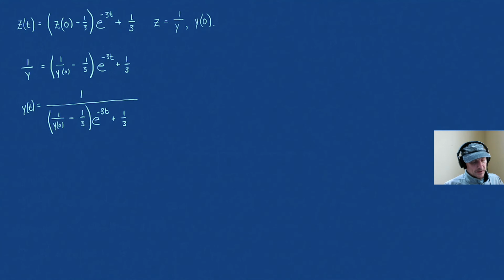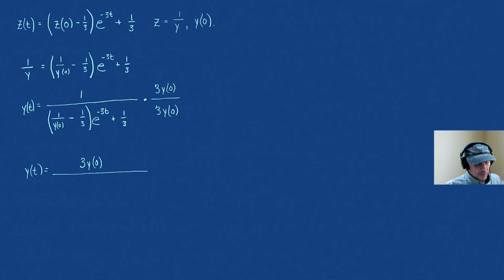Now, let's clean this up. That's a fraction with a whole bunch of fractions in the denominator. I'm going to multiply both the numerator and the denominator by the common denominator, which in this case is 3 times y of 0. 3 times y of 0 over 3 times y of 0. So we could say that y of t equals 3 times y of 0 over, now I'm distributing the 3y of 0 through the parentheses.